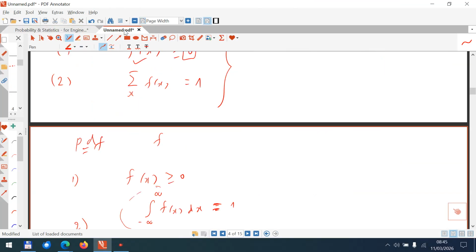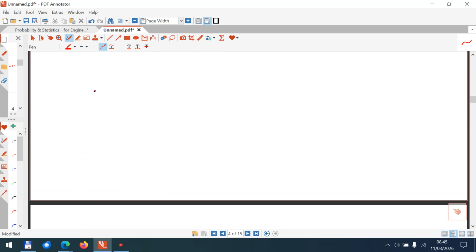to give me a single formula for both types of variables, not for the PDF, but for this f of x. This f of x will be PMF in one case and PDF in another case, because many people use the same symbol. You will also see another terminology in some textbooks, especially in software.